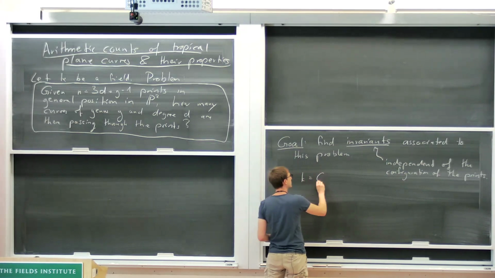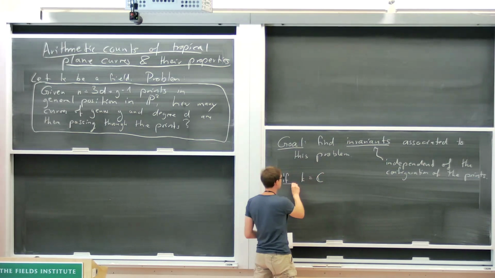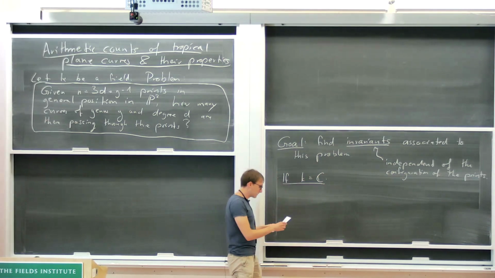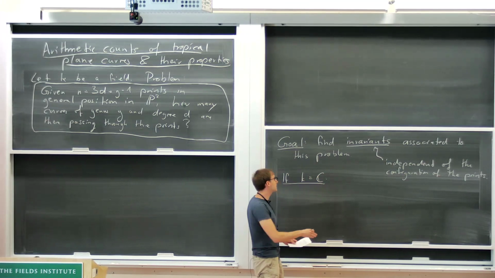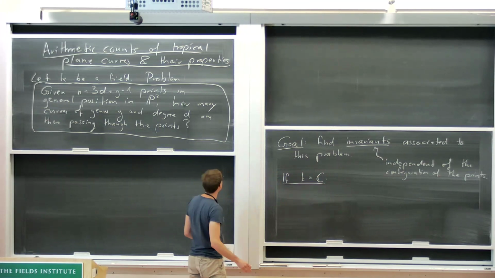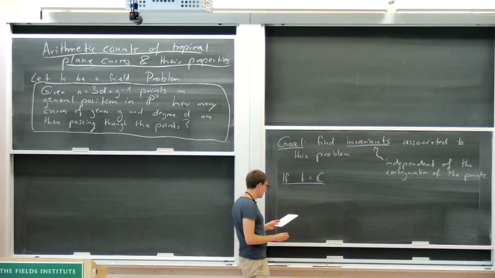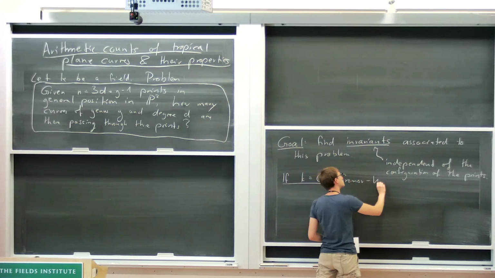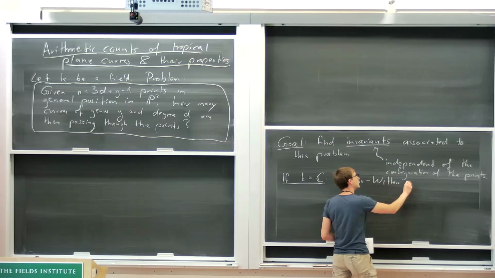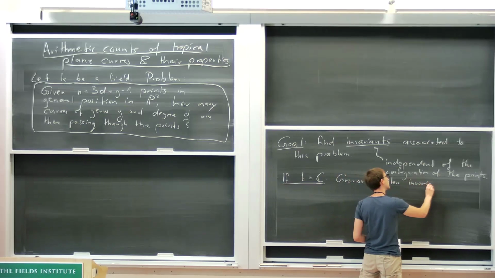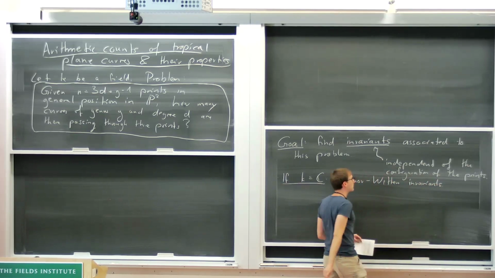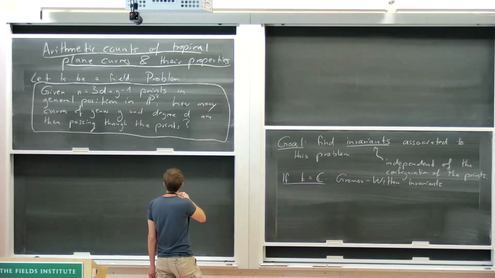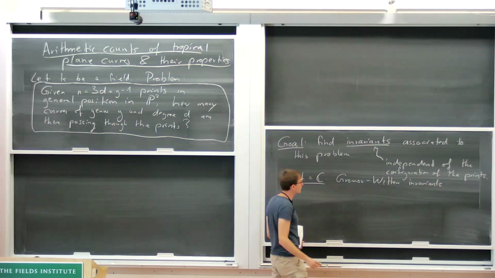If my base field is the complex numbers, then as you should expect with algebraic geometry, everything is as nice as it gets. And in this case, we already have a wonderful answer to this counting problem, which is the Gromov-Witten invariants. And this is probably also the connection to the question as it is phrased. The question is how many curves are there?